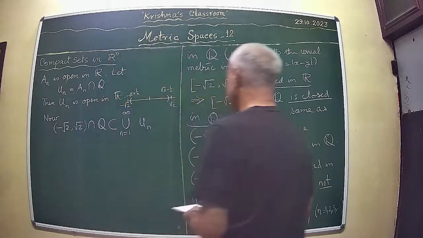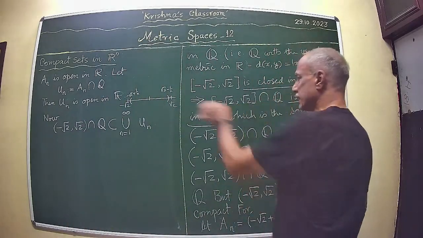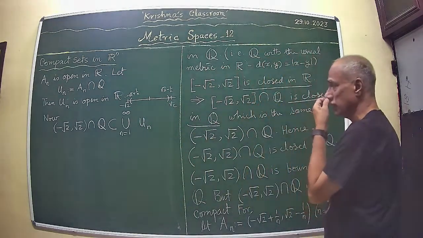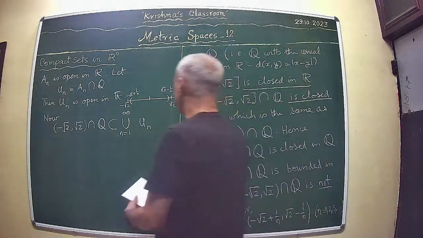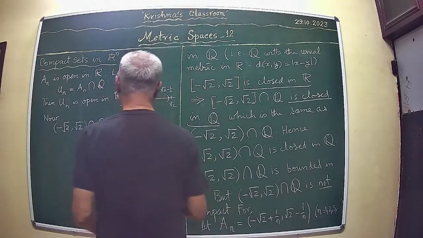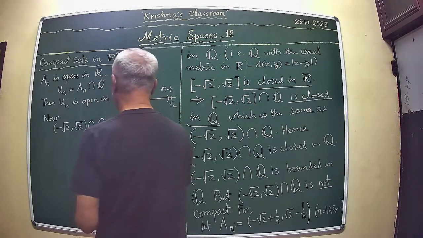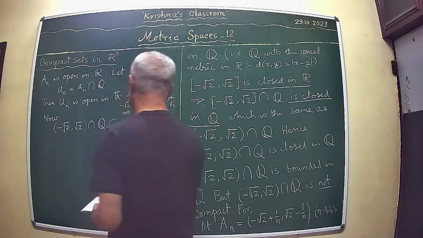So this collection of sets is a sort of nested intervals, and then you are taking the intersection with Q, and that is this U_n, and therefore you can easily show that this is true.